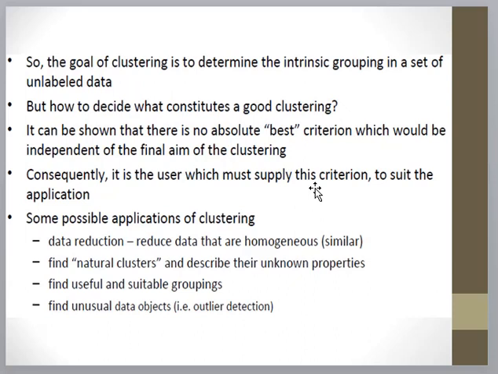So some possible applications of clustering, where we usually use these clustering algorithms, is, for example, data reduction. Suppose we have a large set of features extracted from our data set, and most of those features are basically similar to each other, right?